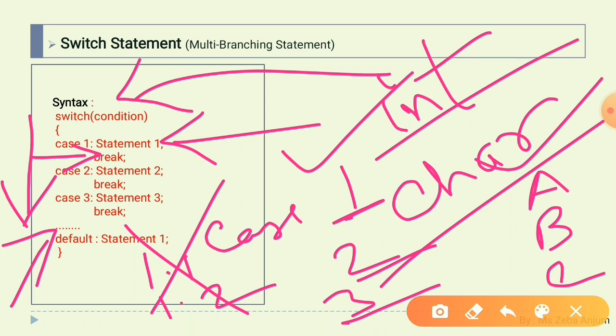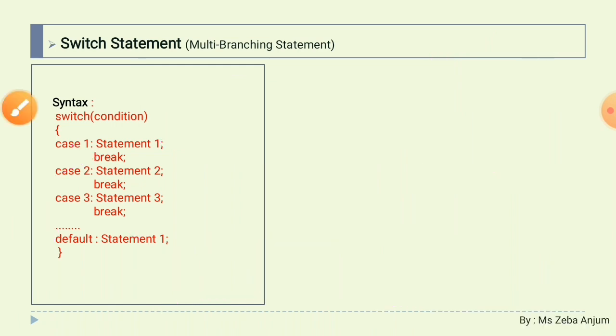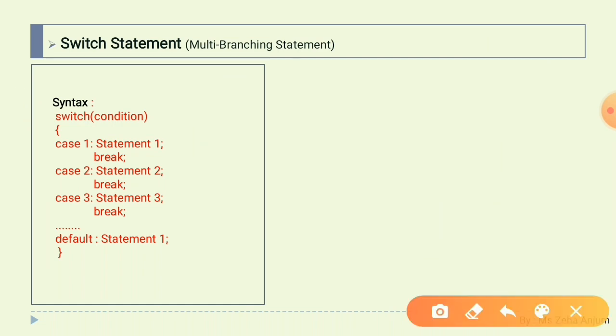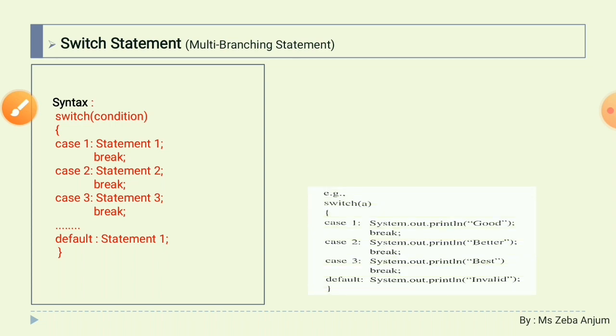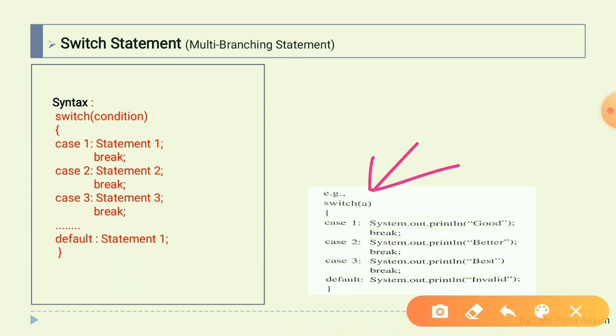Okay, furthermore in the next video we will also see how we are going to take output for such cases. So from this portion your outputs will be coming as well as your programs. Now see an example, switch A. Then System.out.println good, better, best.